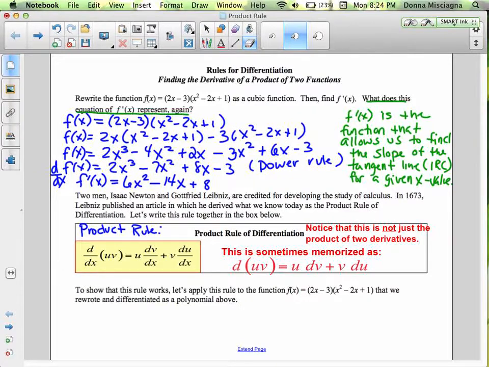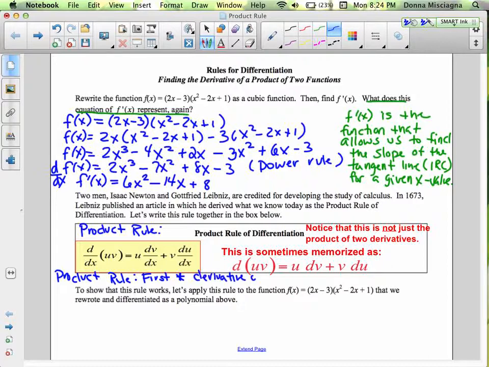Product rule: take the first, and I'll use an asterisk for times, times the derivative of the second, plus the second times the derivative of the first.